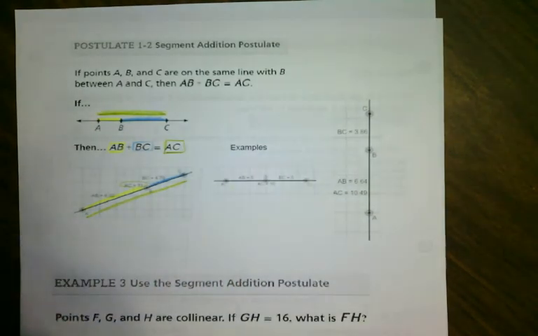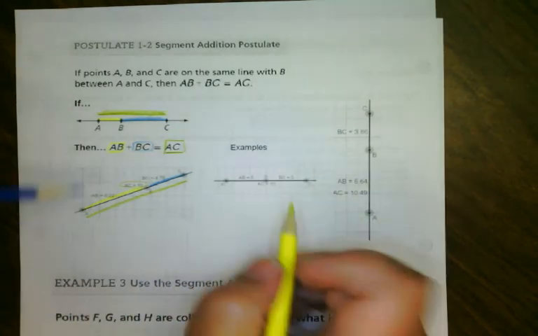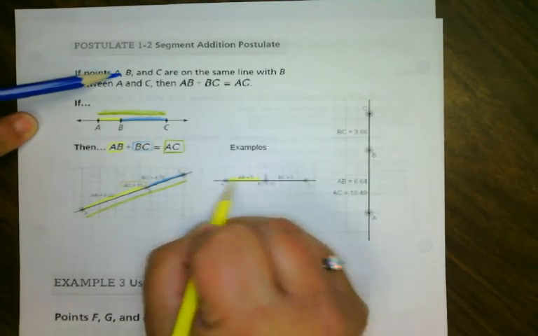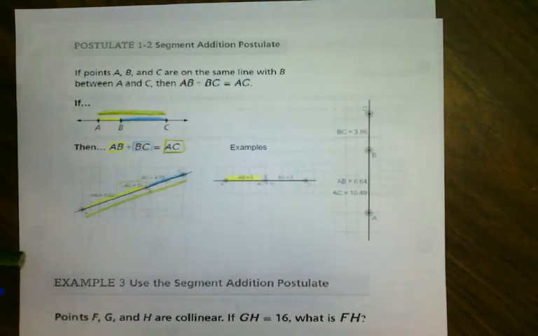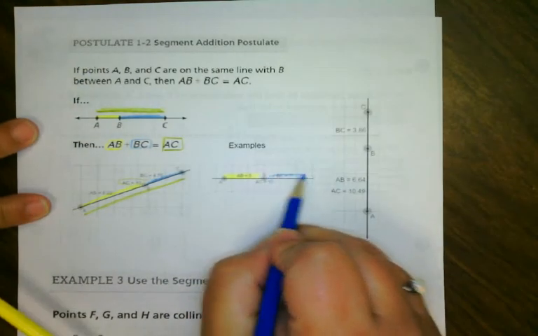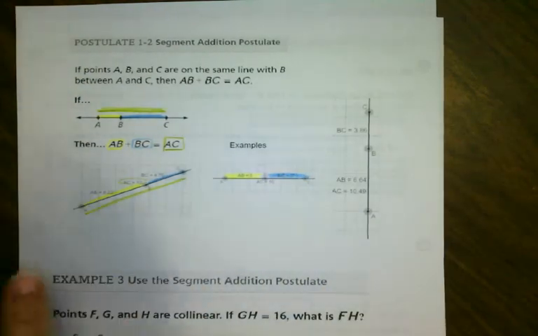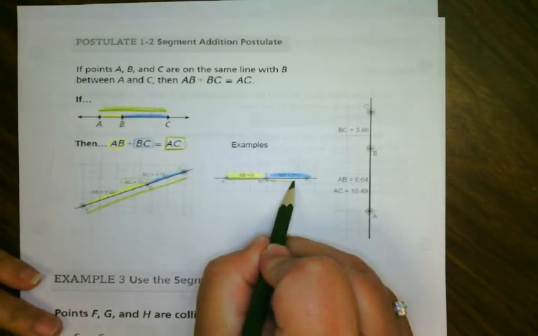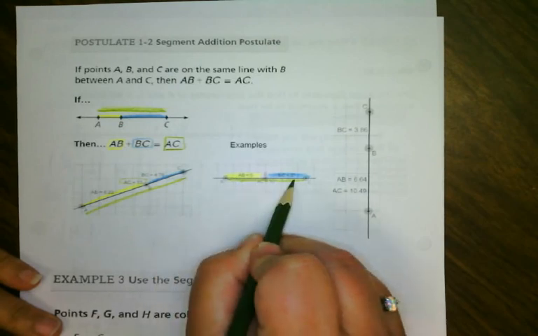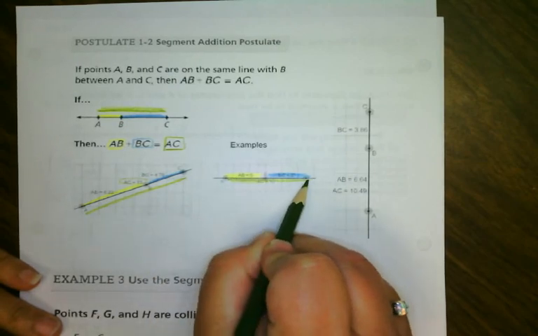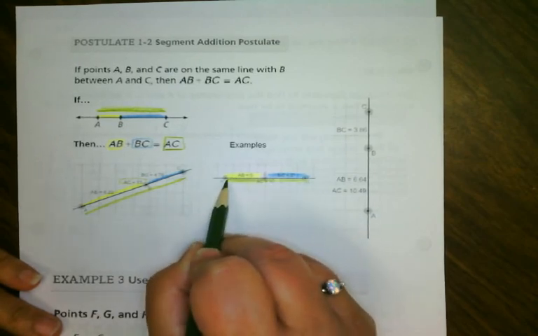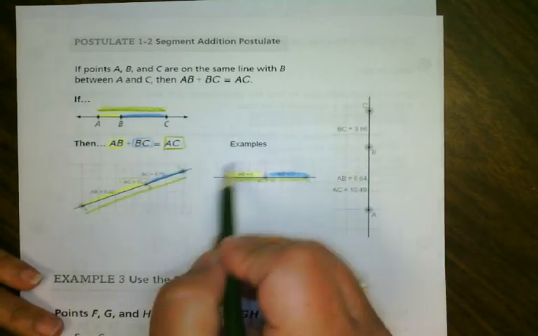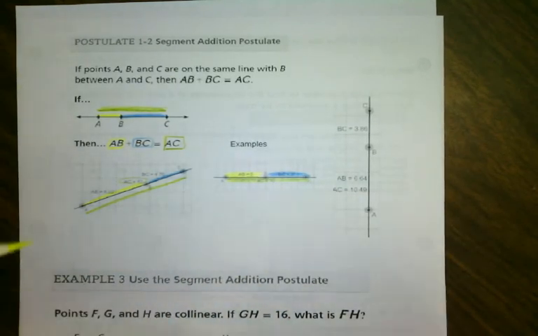We can do it right here. So we've got AB, which is 5. That's this part. Plus BC, which is 5. That's that part. And it equals the whole thing, A to C, which is 10. This is called the segment addition postulate. When there are just numbers involved, it's pretty simple.